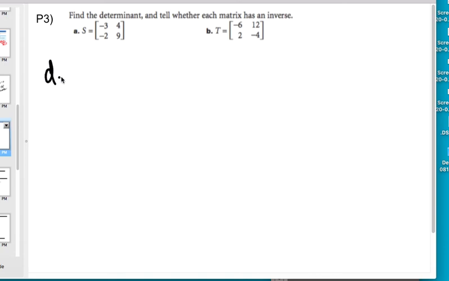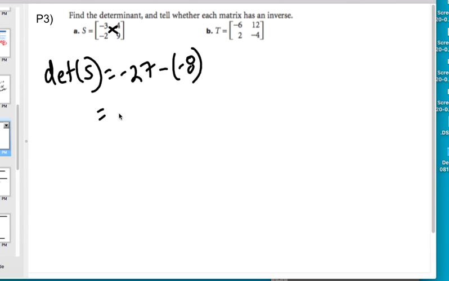So the determinant of S is going to be AD, which would be negative 27. Sorry, I wrote over it well enough that I then couldn't see. So AD, which is negative 27, minus BC, which is a negative 8. So that ends up being a negative 19.